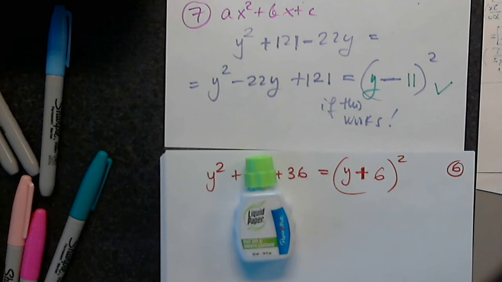When I raise a binomial to the second power, how many terms do I get? Exactly 3. So remember the formula. The first term squared, y squared, plus 2ab, 2 times the first times the second. So 2 times y times 6. How much is that?